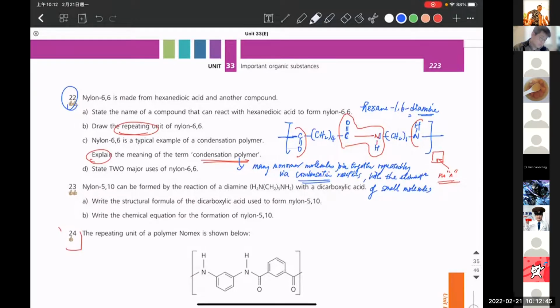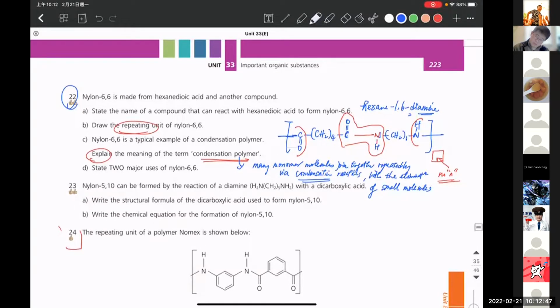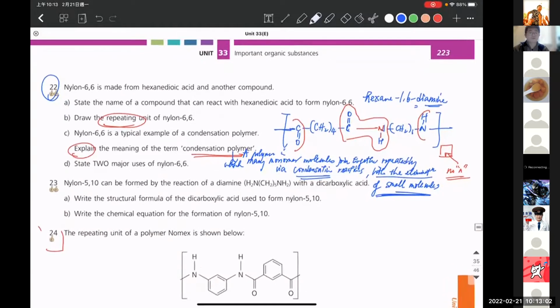So it is a polymer in which many monomer molecules join together repeatedly by condensation process with the elimination of small molecules. This is the keyword. Some elimination product will form.